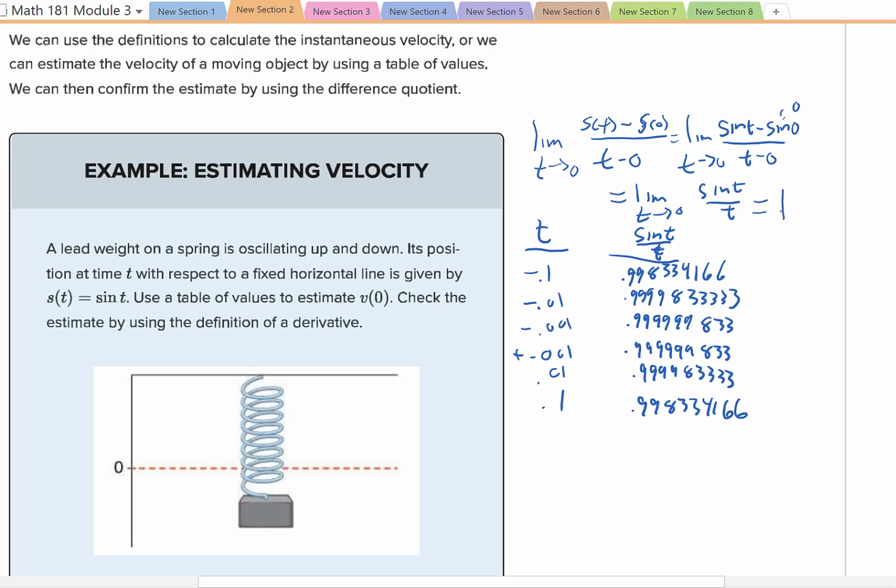But you probably already knew that because a few weeks ago, we did this where the limit as t goes to 0, and we may have said x goes to 0 or theta goes to 0, of sine t over t equals 1. That's what we did back before. So hopefully that rings a bell. So our velocity at time 0 is 1.